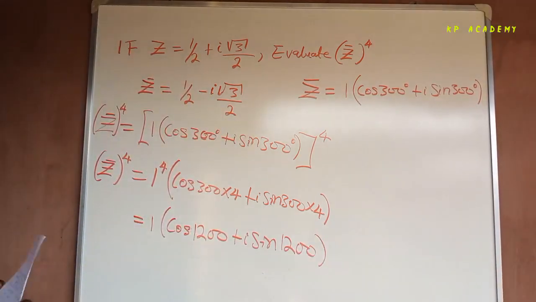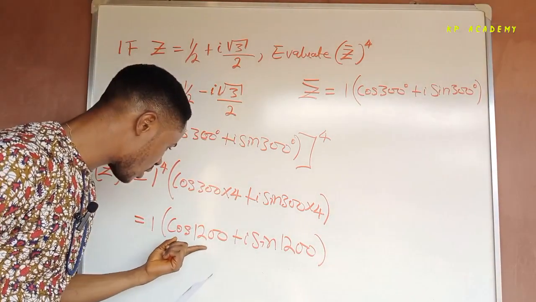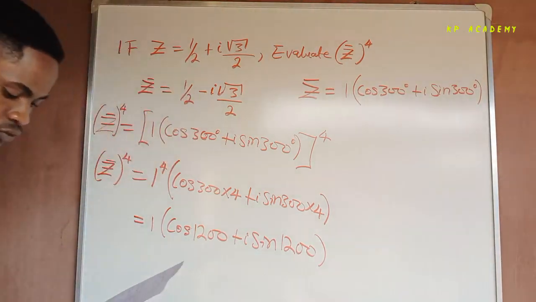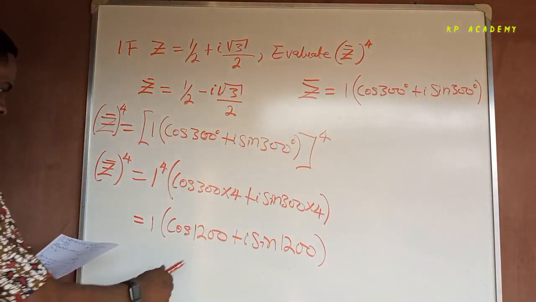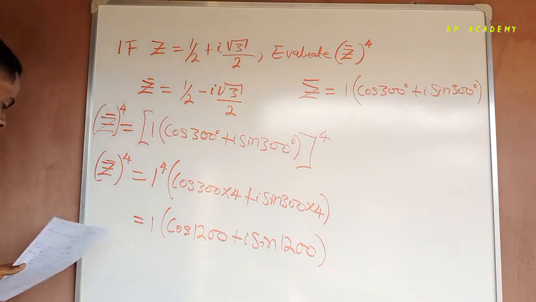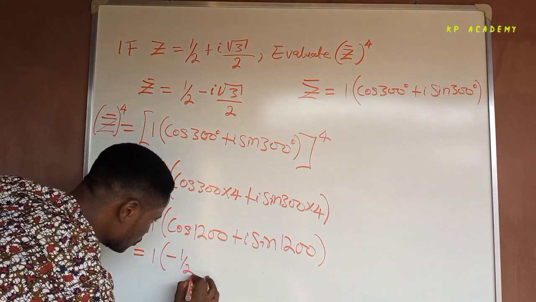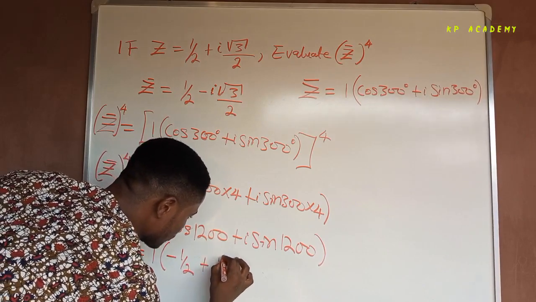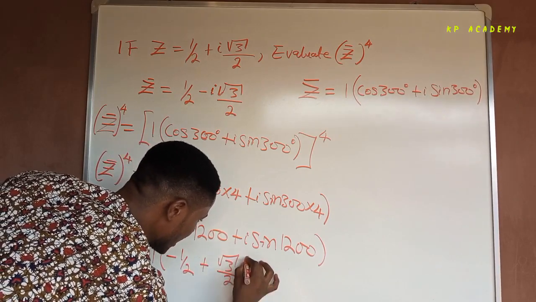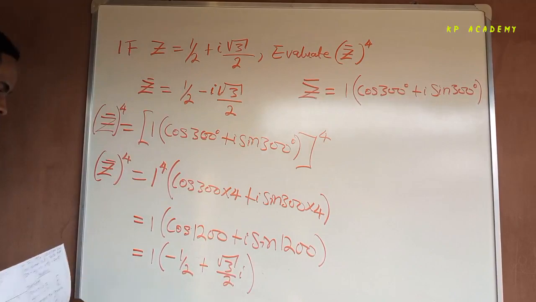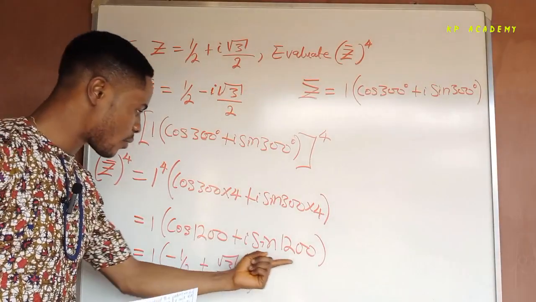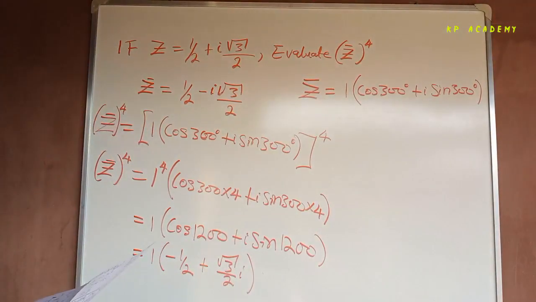Now at this stage we can evaluate cos 1200 and sine 1200. When we do the evaluation, cos 1200 is minus half, and sine 1200, if you evaluate it with your calculator, gives you root 3 over 2. This is equal to 1 into minus 1 over 2 plus root 3 over 2 i.